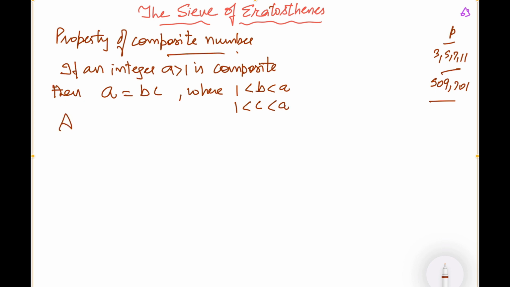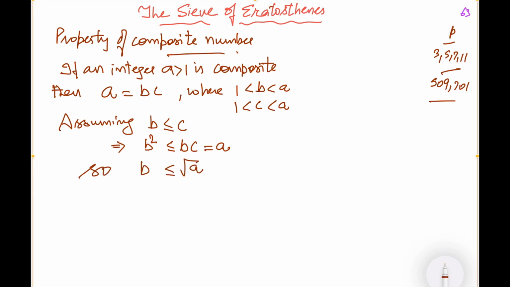Now assuming that b is less than or equal to c, there is no harm in assuming this, and multiplying by b on both sides, b squared is less than or equal to bc, which is actually a. So we get b is less than or equal to the square root of a, just taking the square root on both sides.